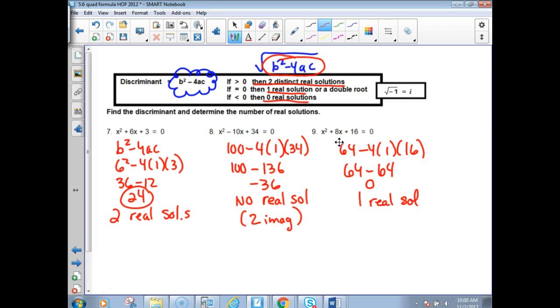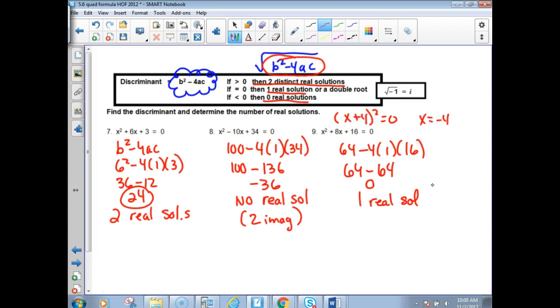And guess what? I want to point something out. Do you see that's a perfect square trinomial? And that would factor to x plus 4 quantity squared. So what's the 1 real zero? Just by thinking about the other ways we've solved, what makes this 0? Negative 4.